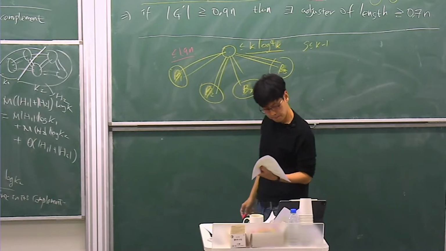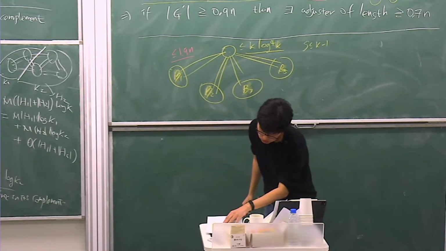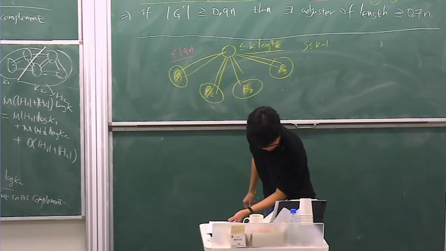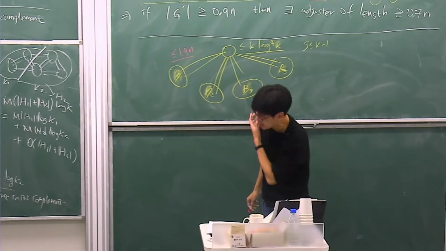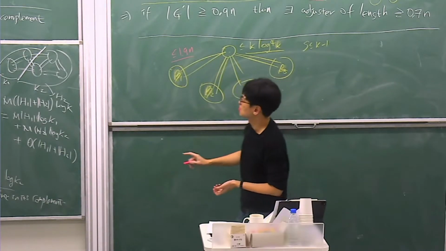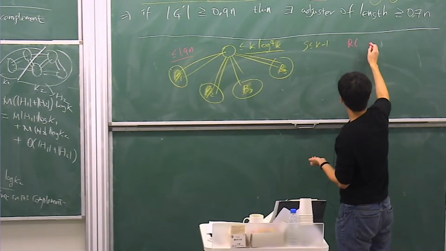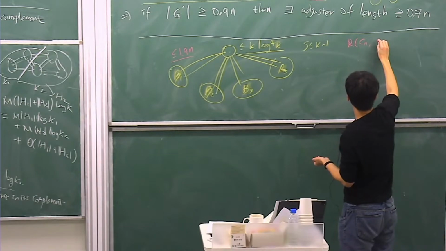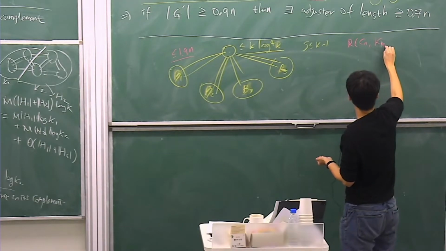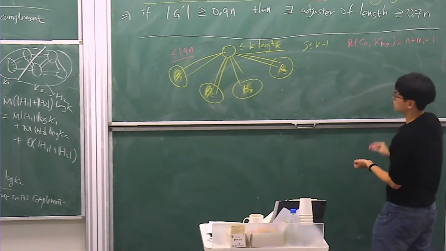And what we know is that, did I also erase? So Pokrovsky Suvakov says that R, C, N, K, M1, M2 is N plus M1 minus 1.